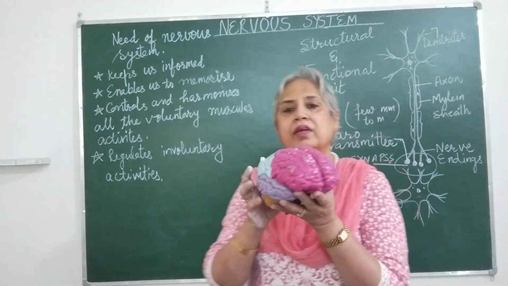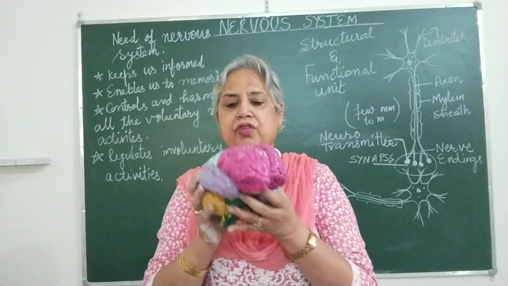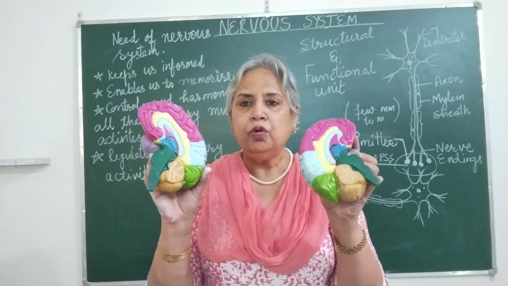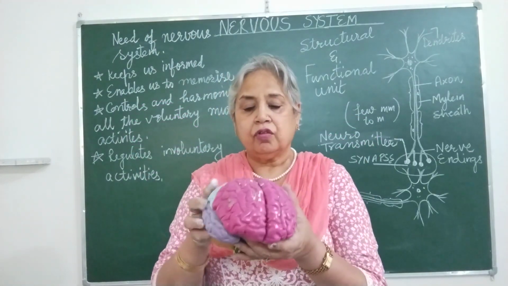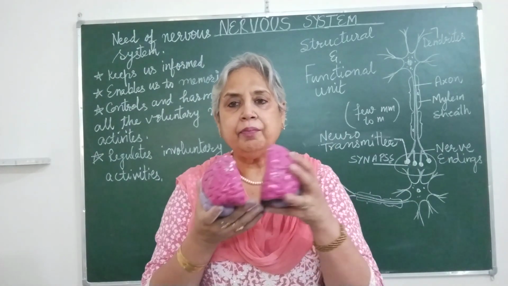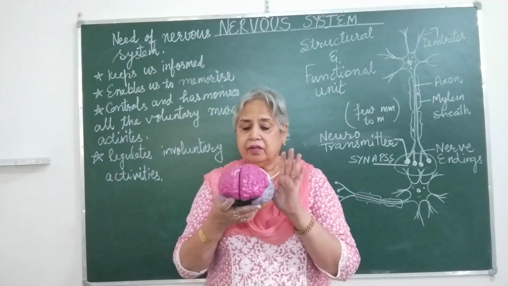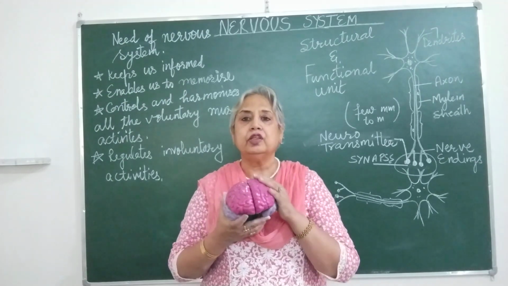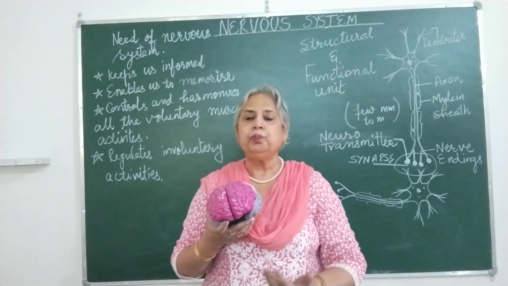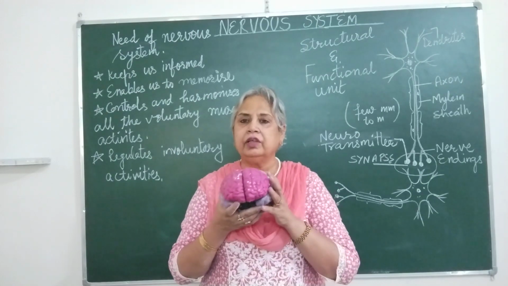So this is the model of brain. As you see, a brain has two hemispheres. So left hemisphere, right hemisphere. Now these two hemispheres control the two sides of our body.